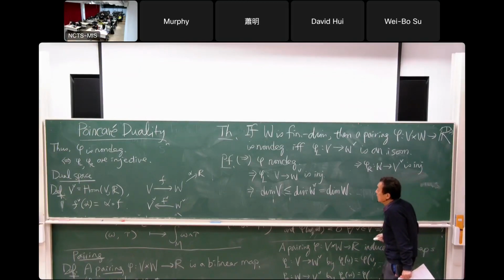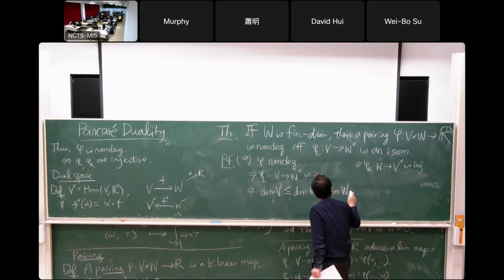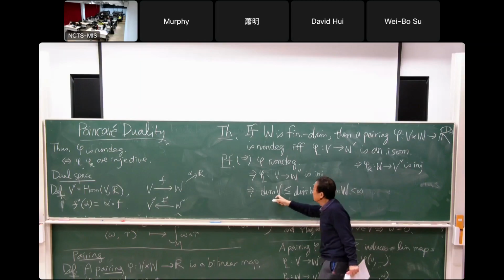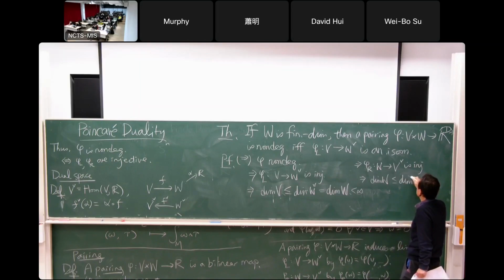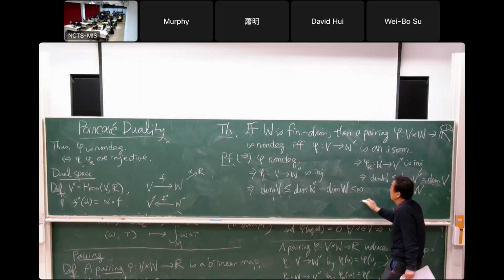Since V is finite dimensional, this implies that the dimension of W is less than or equal to the dimension of V dual, which is the dimension of V. And the dimension of V is less than or equal to the dimension of W. So the two dimensions are equal.